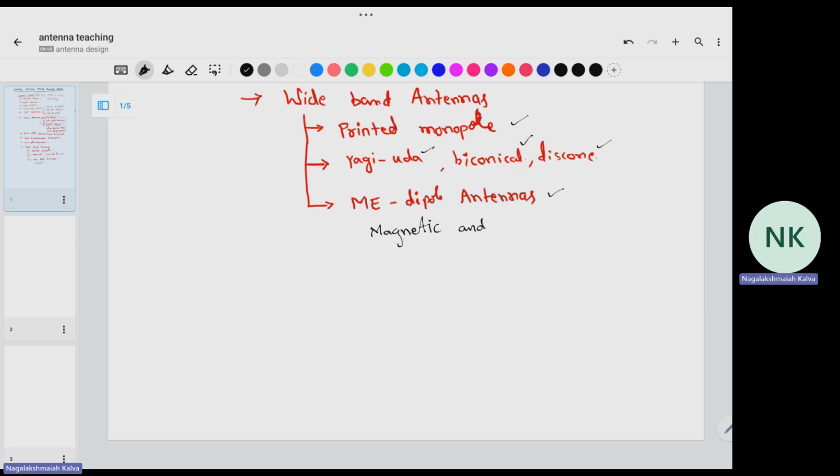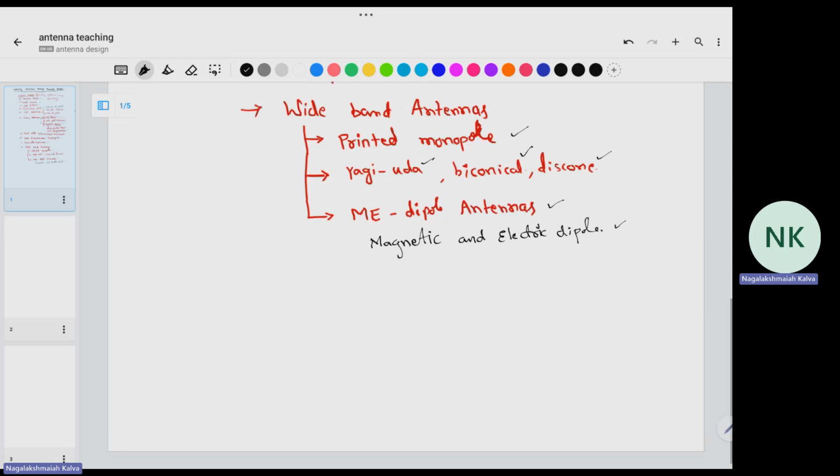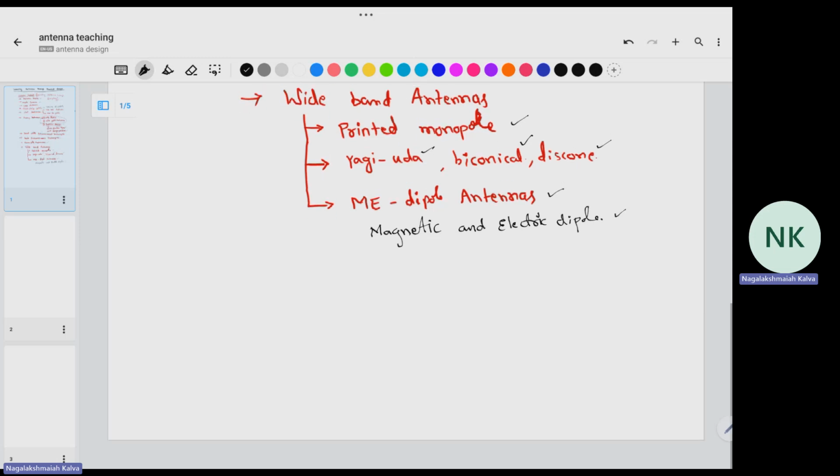With this combination, we can achieve wide bandwidth. So what are the techniques we have to use, and in what way it will be useful? We'll discuss this. So this is the video series structure which I have followed.